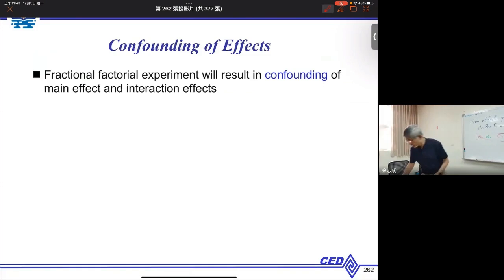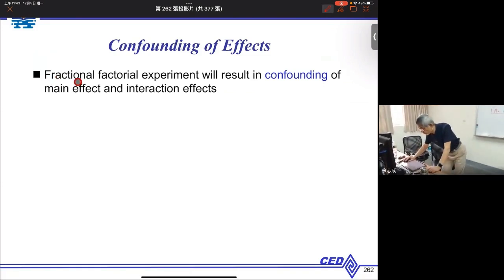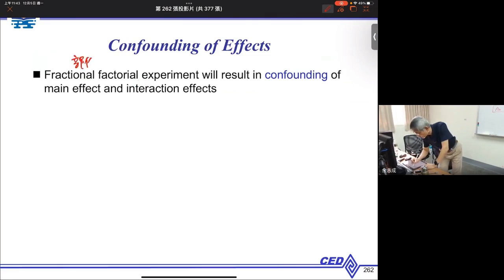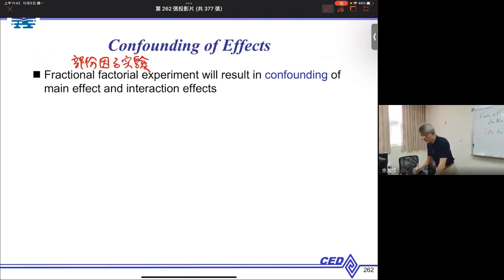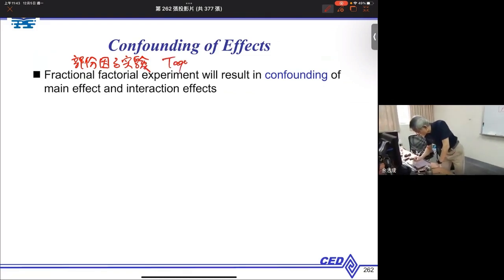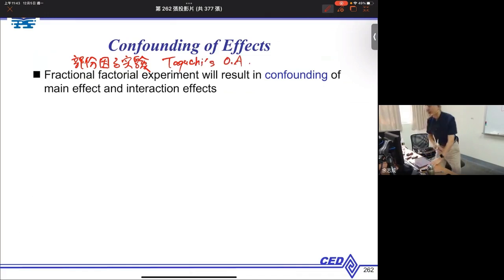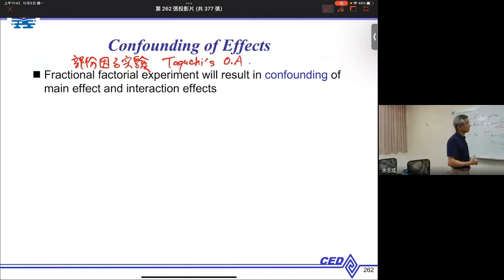So right here, the fractional factorial. Taguchi's orthogonal array is a type of fractional factorial.